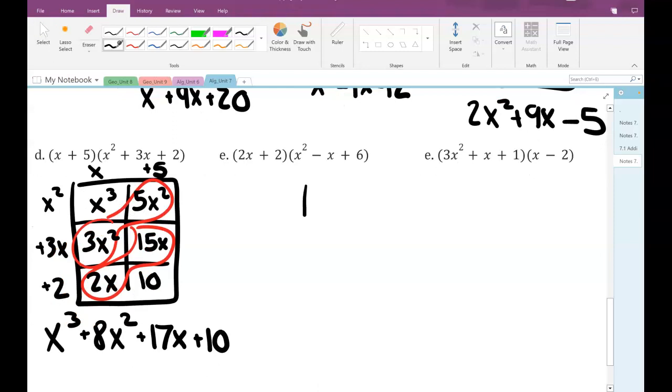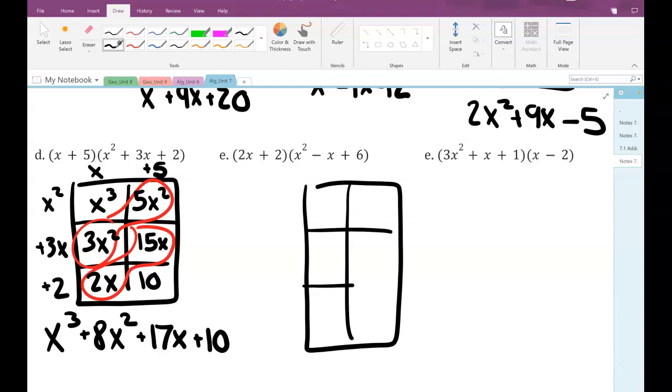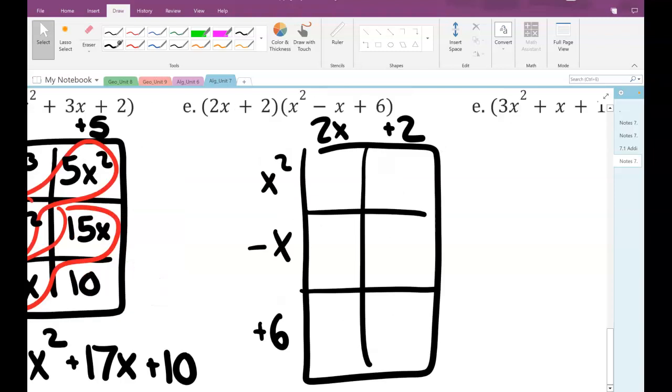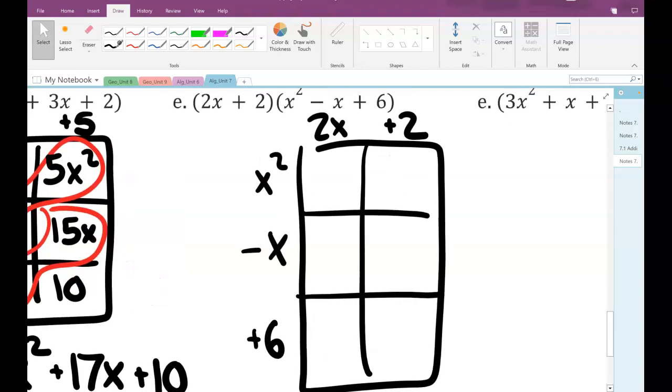So for E, we do the same thing. A 2 by 3. We have a 2x and a positive 2. We have x squared minus x plus 6. So multiplying into our box, this would be 2x to the third.